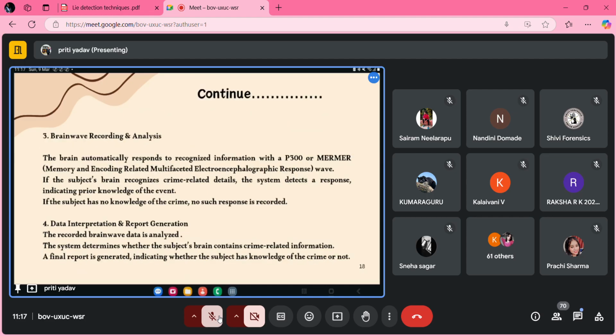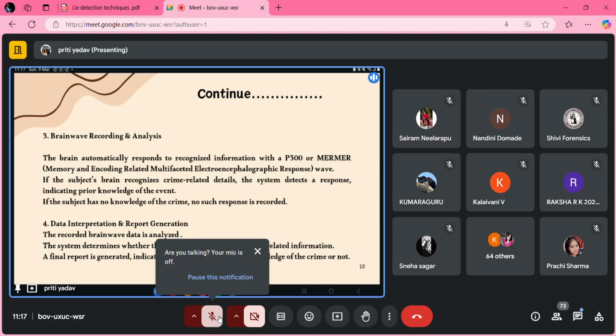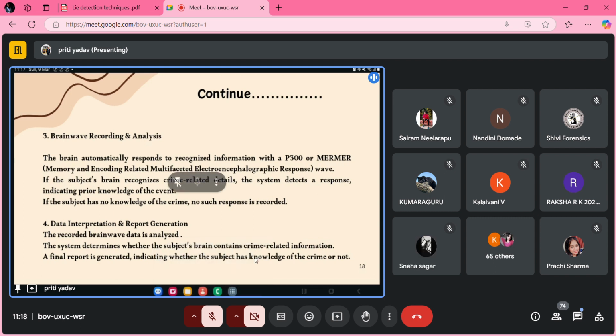Next, brain wave recording. The brain automatically responds to recognized information with a P300. So here a question arises, what is P300? It is an involuntary response to recognized stimuli that usually happens within 300 milliseconds.